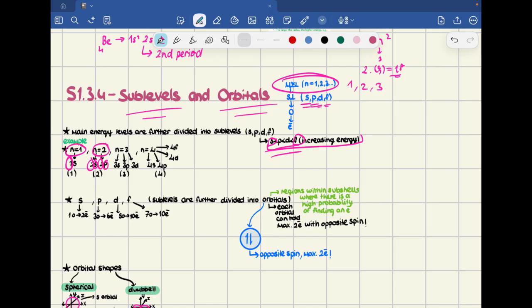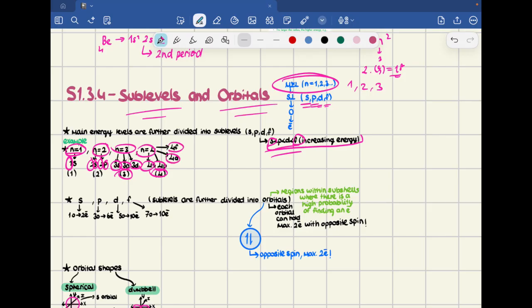The third main energy level has 3 sublevels: 3s, 3p, and 3d. Similarly, the fourth main energy level has 4 sublevels: 4s, 4p, 4d, and 4f.